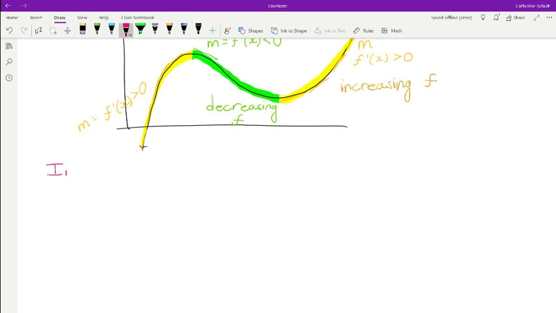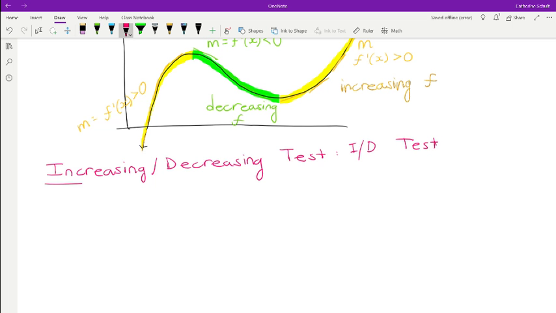That's the first test we're going to run when trying to graph these functions. And we sometimes call it the ID test for short. ID, it's an acronym, ID test.